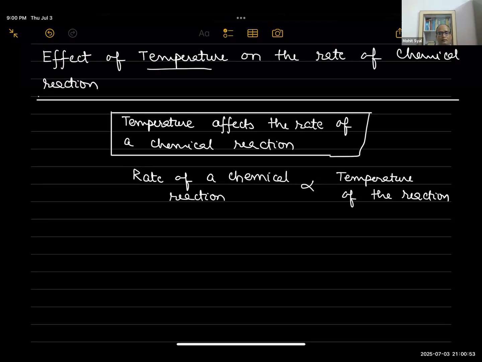So you see it happening in many places where you increase the temperature and the rate increases. Is it clear?